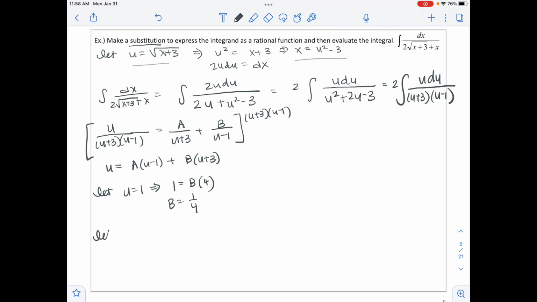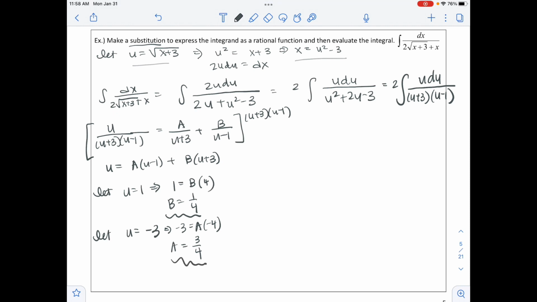I would also like to let u equal negative 3 to zero out that second term. If u is equal to negative 3, I have negative 3 equals A times negative 3 minus 1, which is negative 4, plus 0, since negative 3 plus 3 is 0. And so I get A is equal to 3 over 4.